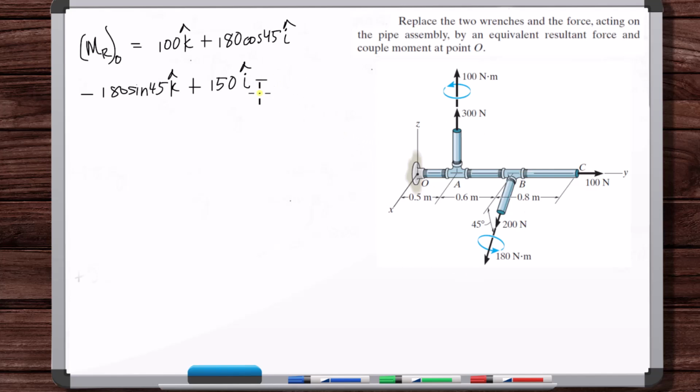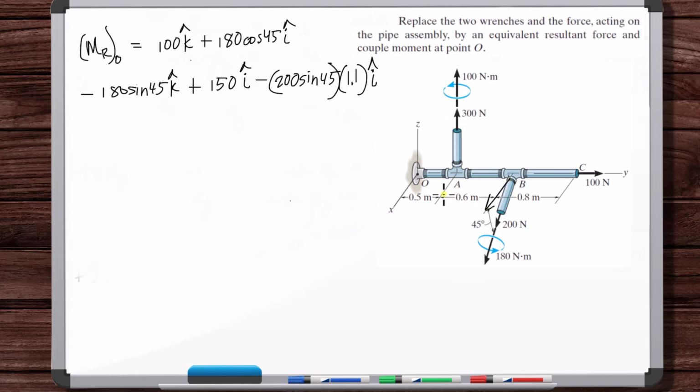So the x-axis, it's causing rotation in the negative i hat direction. So minus 200 sine of 45. Okay, the moment arm about the x-axis is 1.1 i hat. Okay, now this component is what?